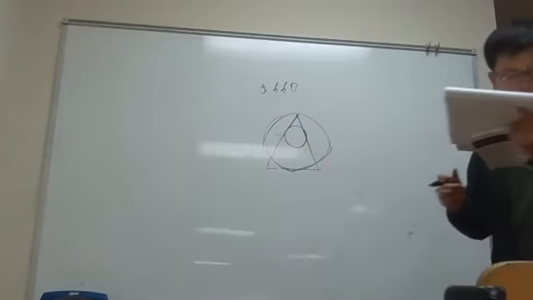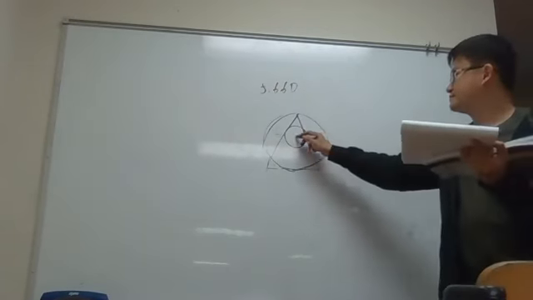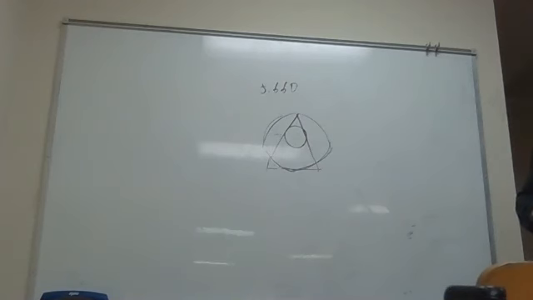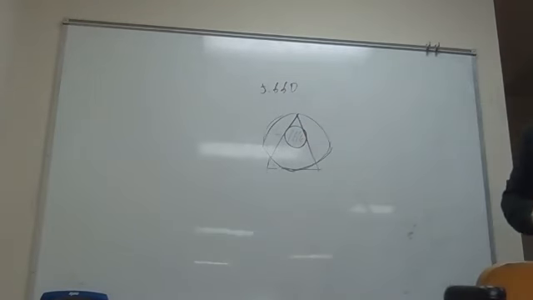Okay, something like this, I guess. So what's the area of the smaller of the two concentric circles, if the side length of the equilateral triangle is 8? So you're asking about the area of the smaller one. All we need to find is the ratio of the larger to the smaller circle.